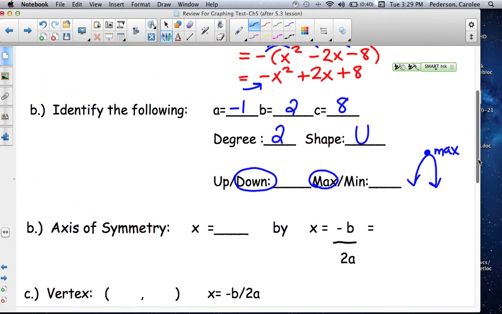So our b is 2, and our a is negative 1. So let's reduce that. Negative 2 over negative 2 is positive 1. So the axis of symmetry is at x equals 1.